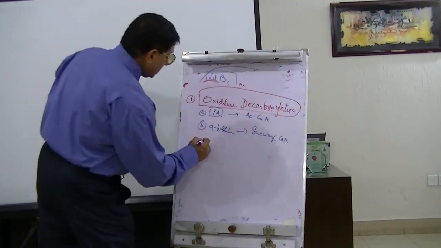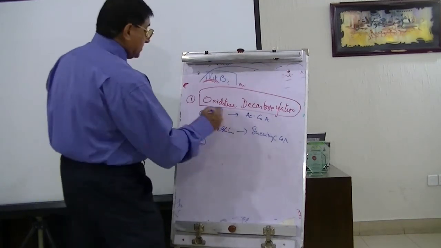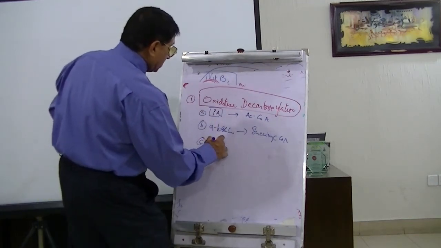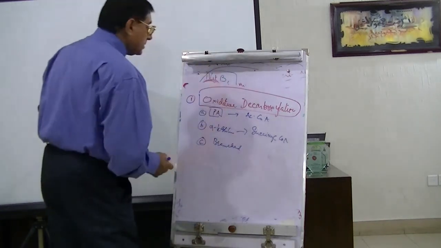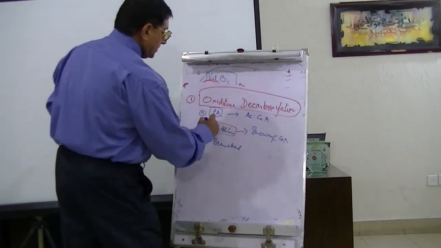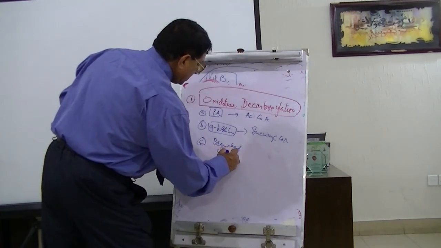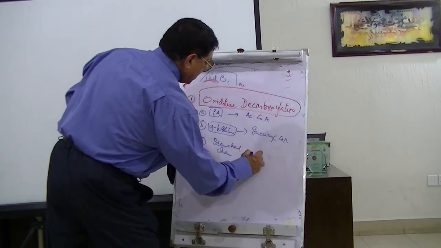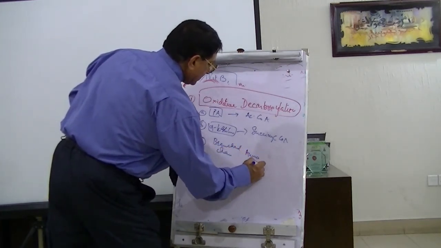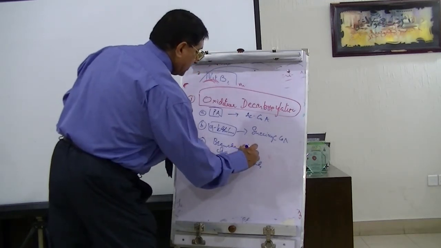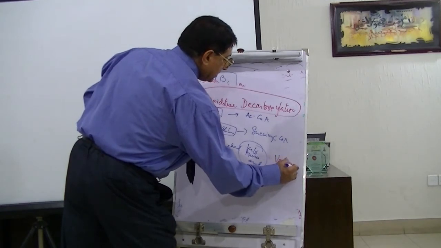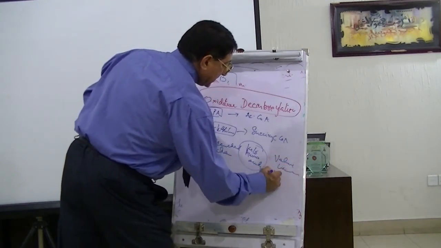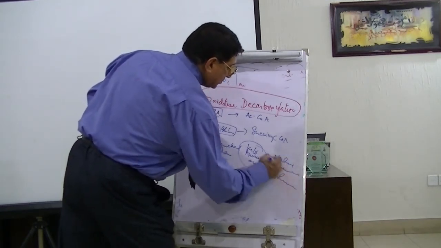Third, it causes oxidative decarboxylation of branched chain keto amino acids, that is valine, leucine and isoleucine.